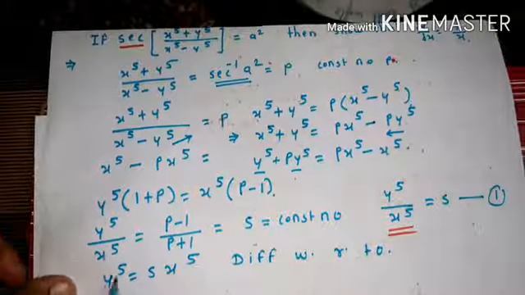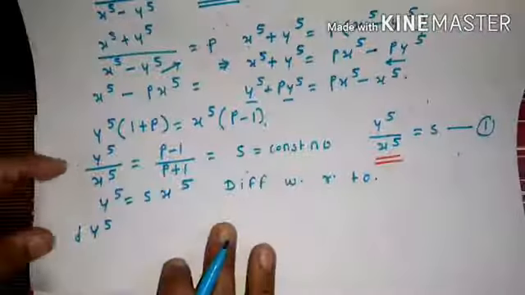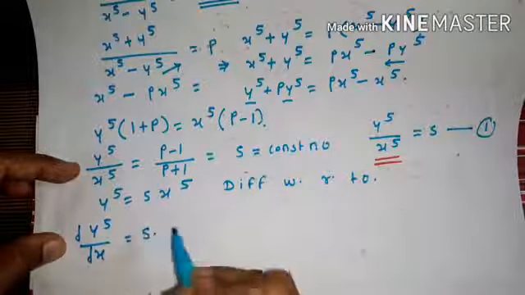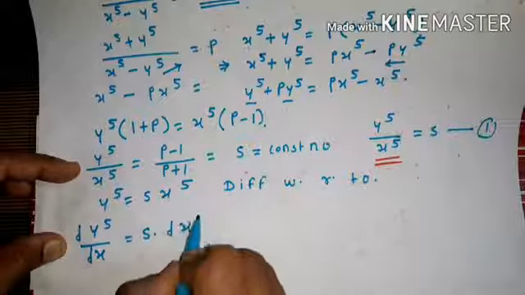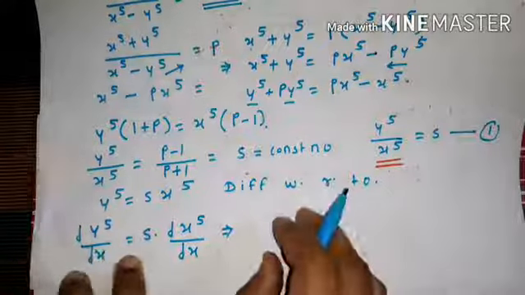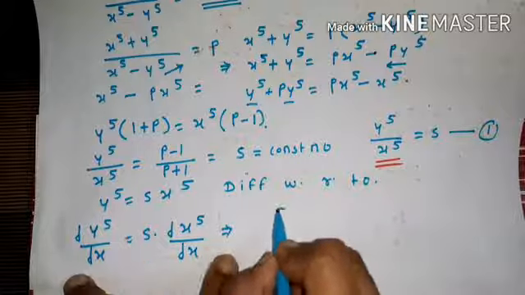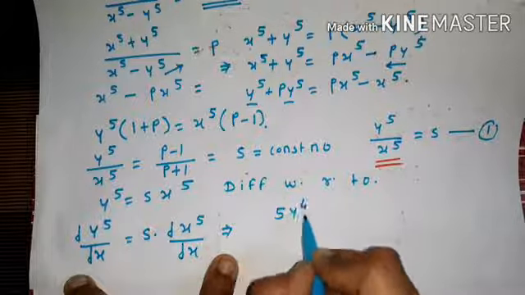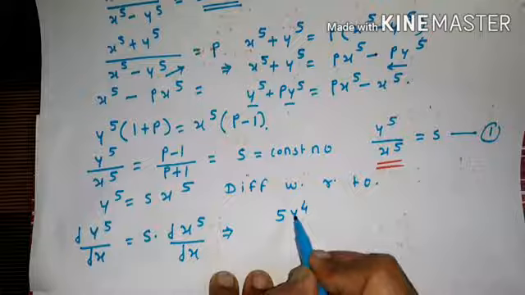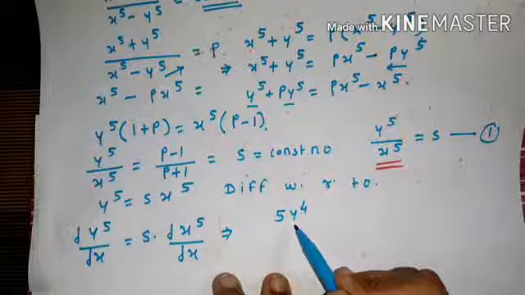We get differentiation of y^5 with respect to x equal to s, a constant, into differentiation of x^5 with respect to x. Differentiation of y^5 is 5y^4 into dy by dx, the same thing as last time, since we differentiate with respect to x.